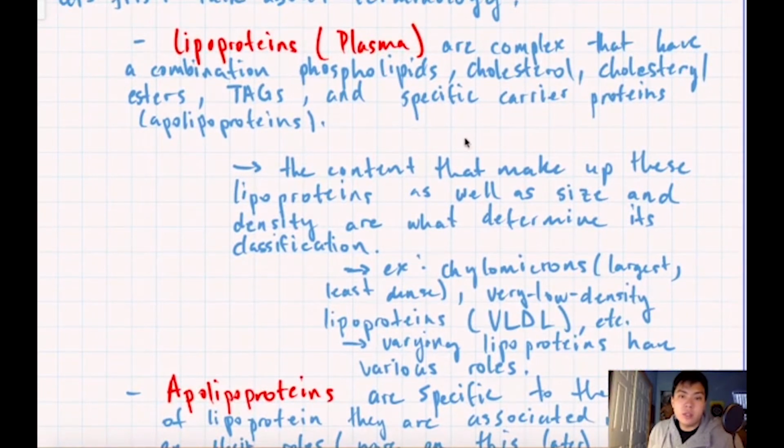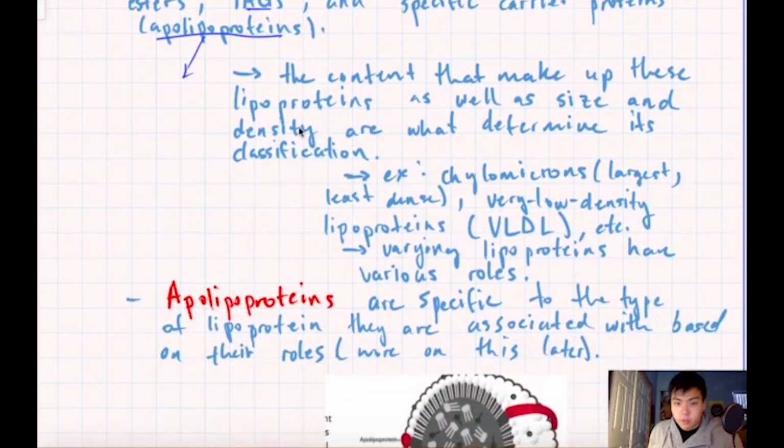So a lipoprotein is a complex of cholesterol, phospholipids, cholesterol esters, triacylglycerides, TAGs, and specific carrier proteins, so apolipoproteins. This is important in targeting specific tissues and targeting where a certain fat will go. The content that makes up a lipoprotein is what gives it its classification.